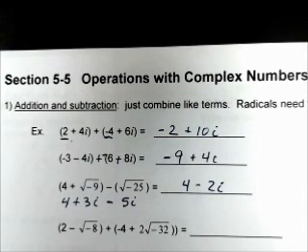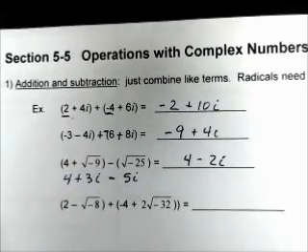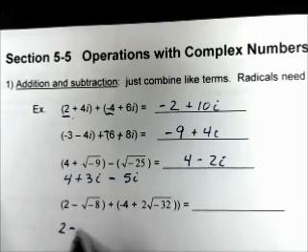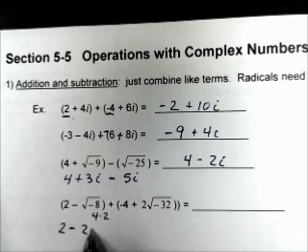Next, 2 minus the square root of negative 8 plus negative 4 plus 2 times the square root of negative 32. Again, simplify these radicals. 2 minus the square root of negative 8: I'm thinking 4 times 2, and the square root of 4 is 2, so this would be 2i square root of 2.